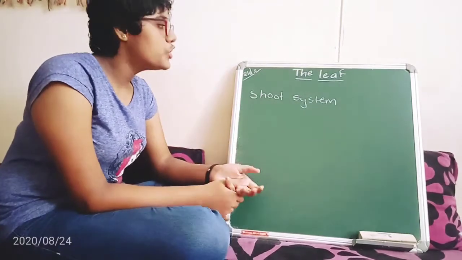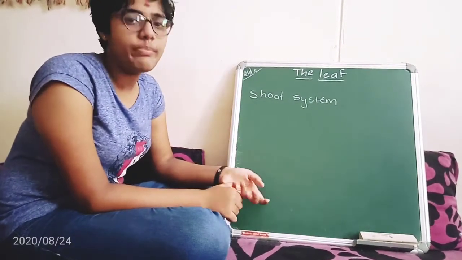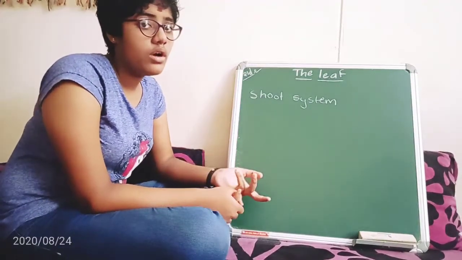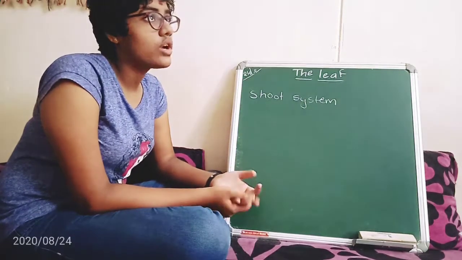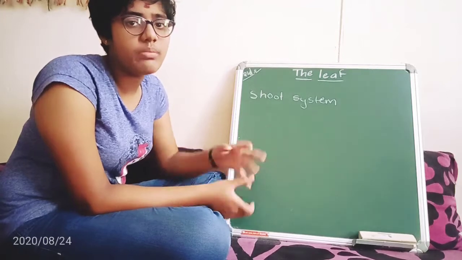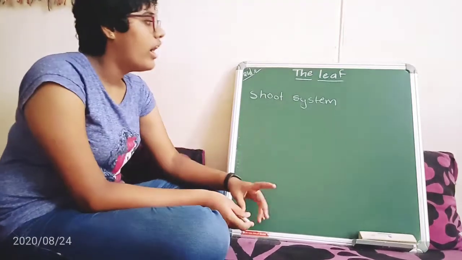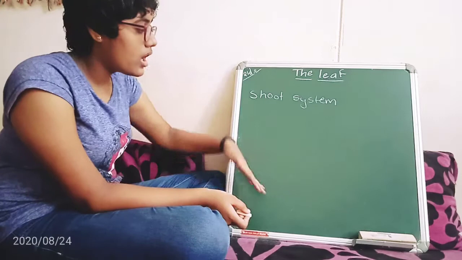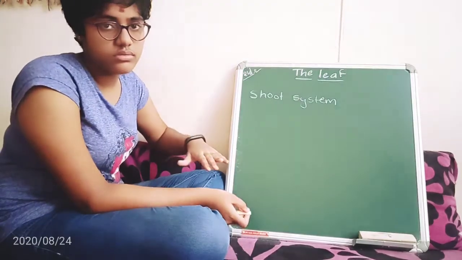Okay. Shoot system is the aerial part of the plant. Aerial means what? Whatever you see in your cartoon, your Disney channel, the princess, you are thinking of the mermaid, Ariel. No. Aerial means above part.